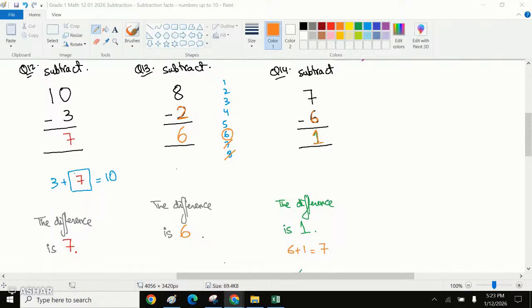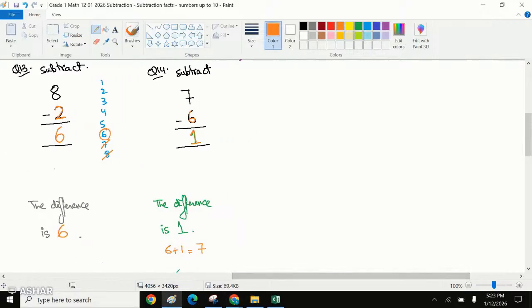Moving on to the next question. We did 7 minus 6. The next question they're asking us to do is subtract 6 minus 4. Let's see.